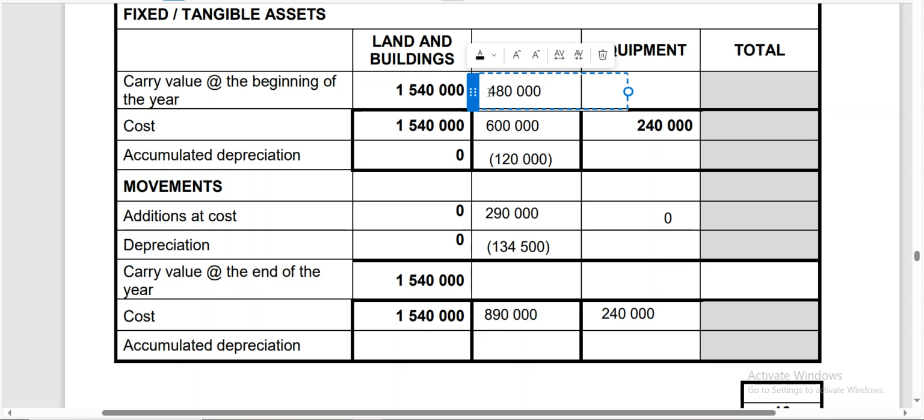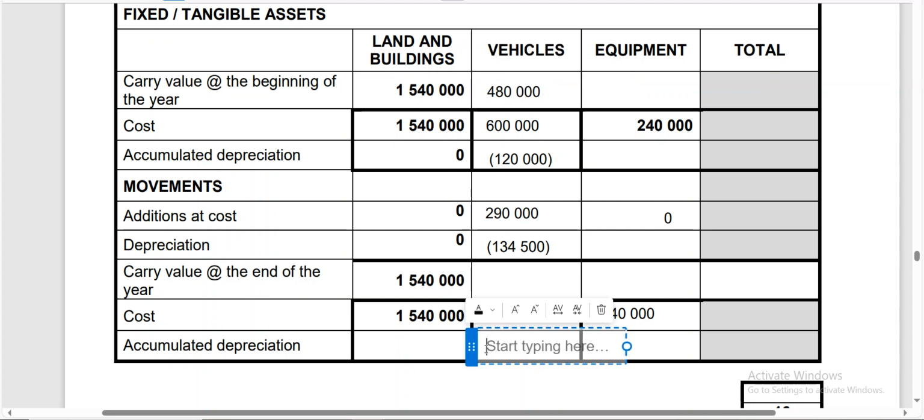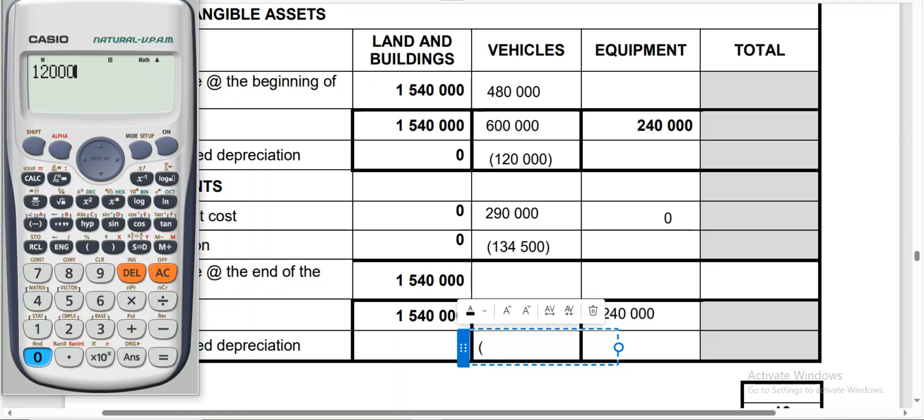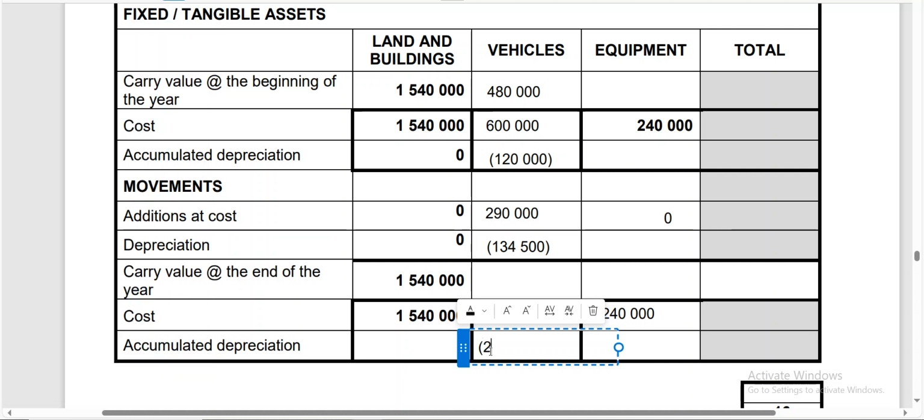And then from there, my total accumulated depreciation at the end will be the sum of my depreciation at the beginning plus my depreciation at the end. So let's check. 120,000 plus 134,500 is going to give us 254,500. That 254,500 will be part of here.